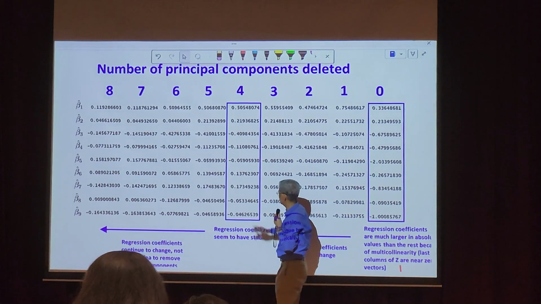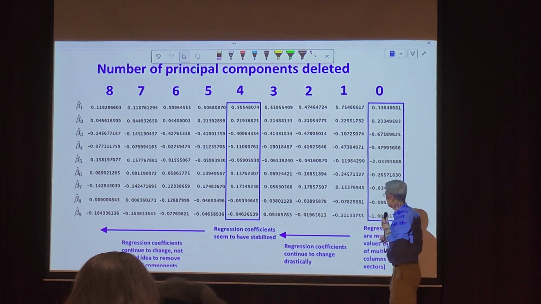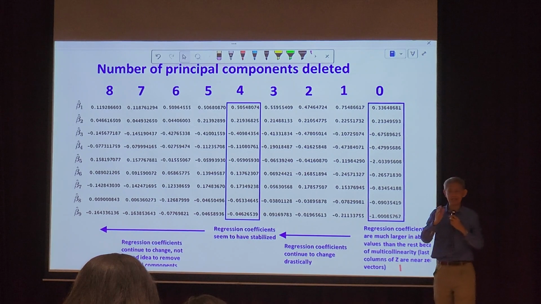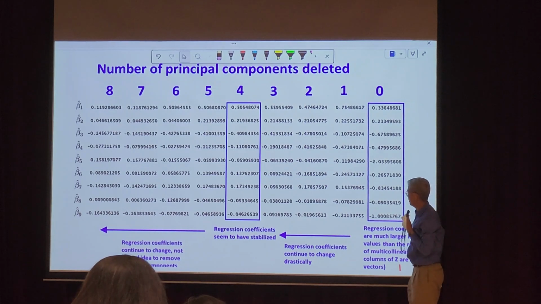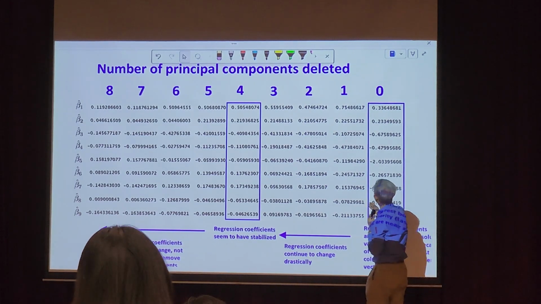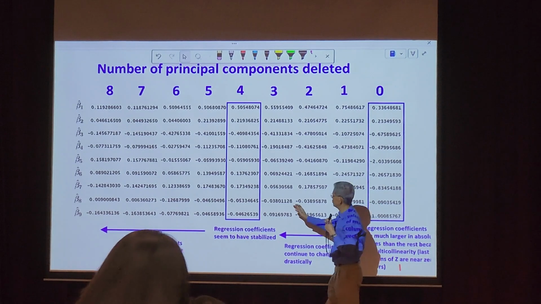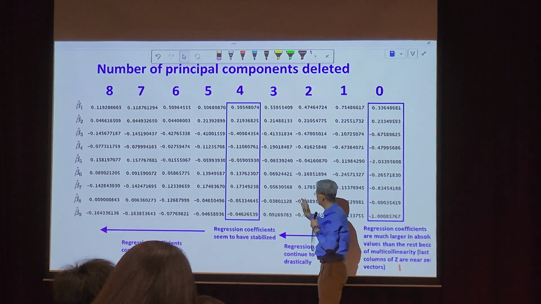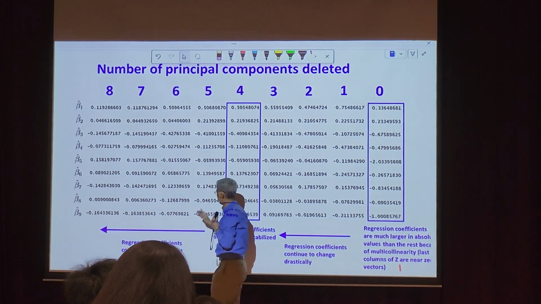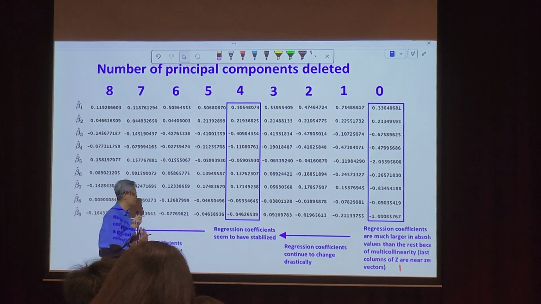Last 4, this is what I'll get. So one way to decide how many principal components to delete, if you're not sure whether it's 3 or 4 or 2, is to just do it for 1, 2, 3, 4, 5, and then you see some pattern.